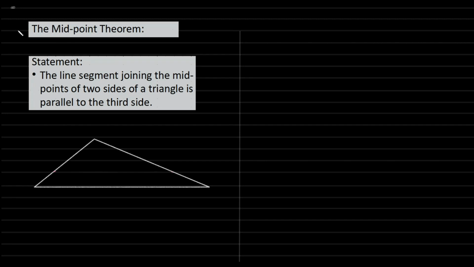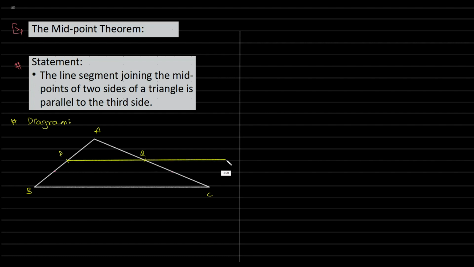Let's prove the midpoint theorem. The statement of the theorem is that the line segment joining the midpoints of two sides of a triangle is parallel to the third side. First, we need to draw the diagram, and please draw a diagram which is not an equilateral triangle. So we have, say, ABC, and we have points P and Q, which are the midpoints.